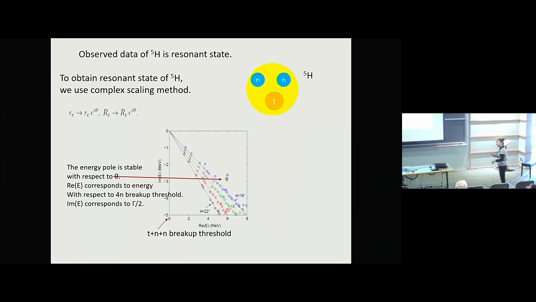After diagonalizing the Hamiltonian with the scaling parameter theta, we can rotate like this. If we have an energy pole as a resonance state, then the pole is stable with respect to the rotation parameter theta. Then here is a resonance state. In this way, we can get the energy pole of hydrogen 5.